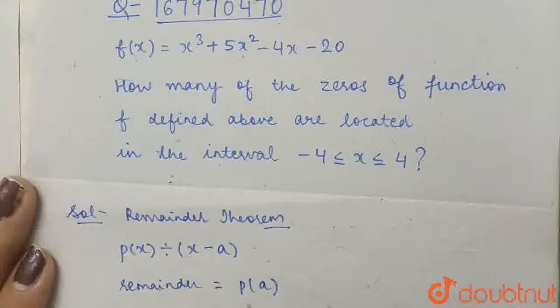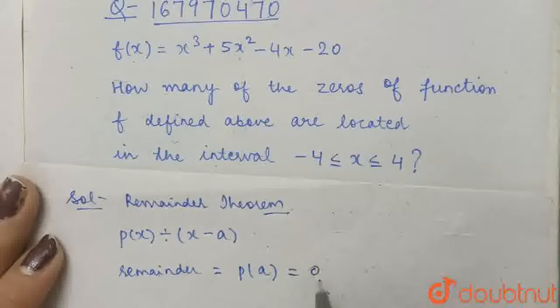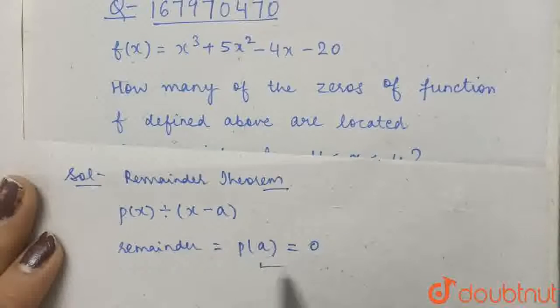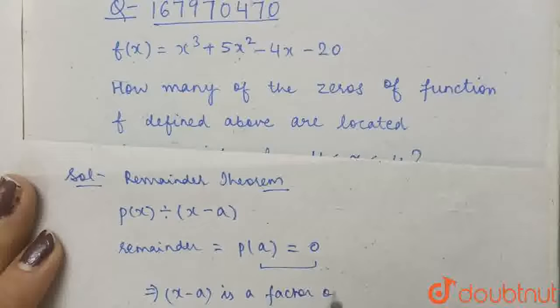That is the value of the polynomial when we put x is equal to a. So if this p of a is 0, then this means that x minus a is a factor of p of x. That is, the remainder is 0, so this implies x minus a is a factor of this polynomial p of x.